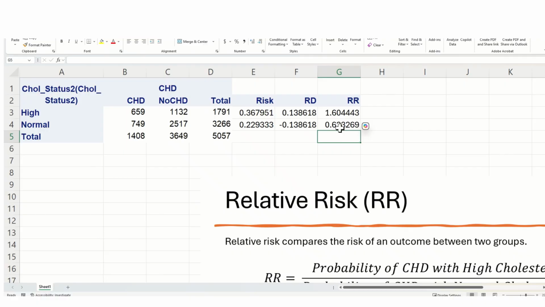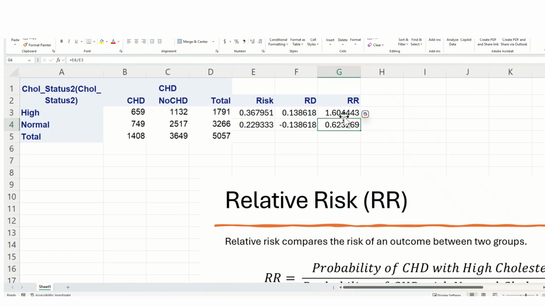And the way we interpret it is as follows. The risk of chronic heart disease among normal cholesterol individuals is 38% lower than high cholesterol individuals.